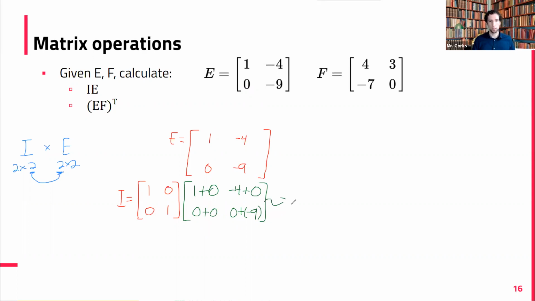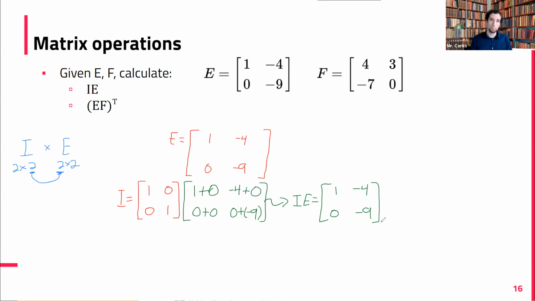So let's actually just write out here what it will be. So I times E, therefore, is equal to, we'll just do the addition here, 1 plus 0, 1, -4, 0, -9. And what do we notice about this? It's the same as the E matrix.